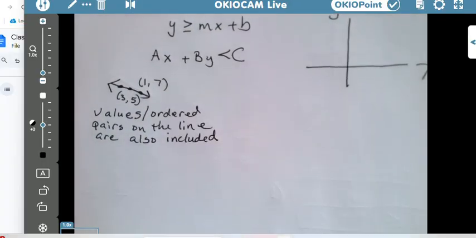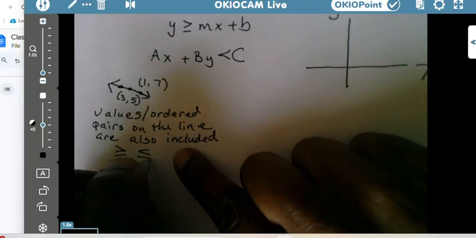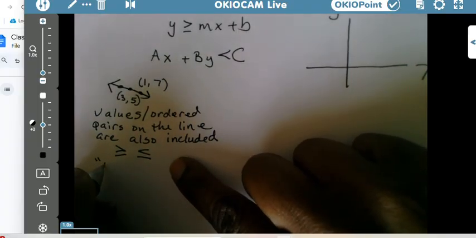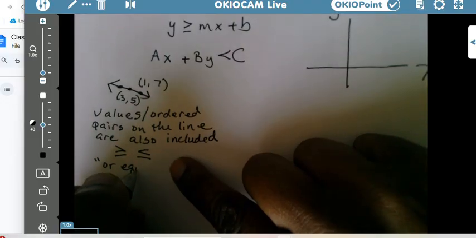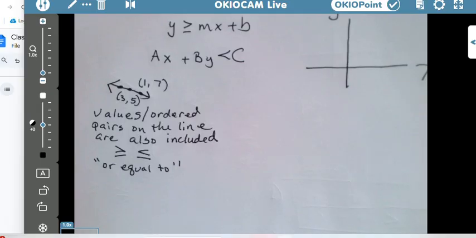So the solid line is used for inequalities that say less than or equal to, greater than or equal to. Or equal to means that you need to have a solid line because those values are included. Any questions on that part?